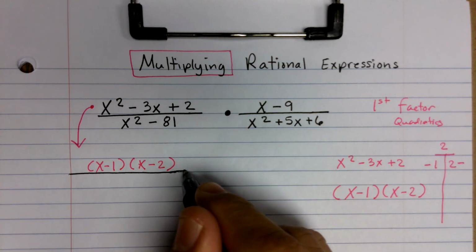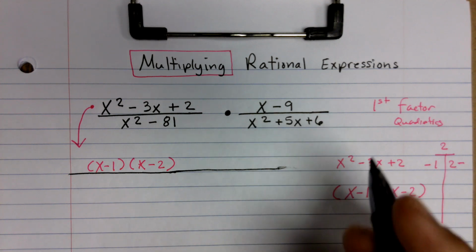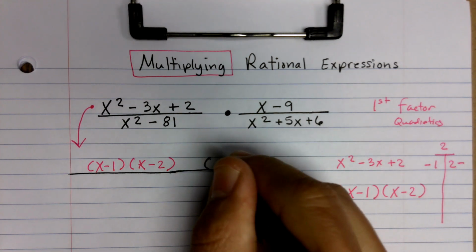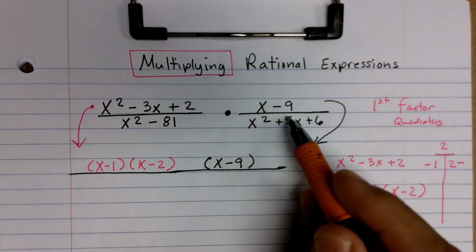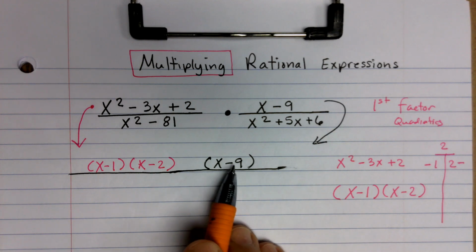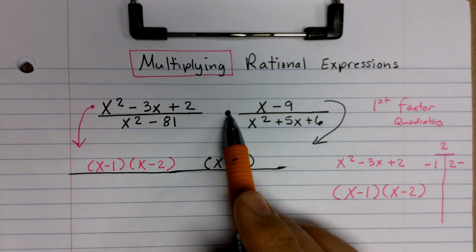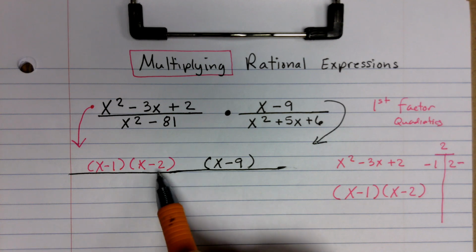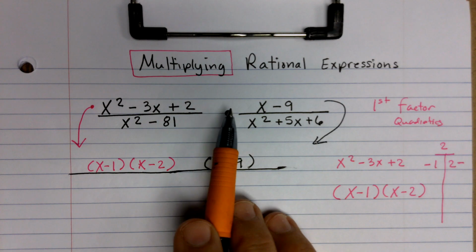So what I'm going to do is I'm just going to go ahead and draw my line straight across. This is x minus 9. I'm simply going to take that x minus 9 and write it in parentheses. So for x minus 9, we just moved it to the numerator, and I put it in parentheses just to show that all of this is being multiplied. And that kind of eliminates this need for the dot, right? Because a parenthesis means it's being multiplied. And this is, for me, just a little bit easier to look at.